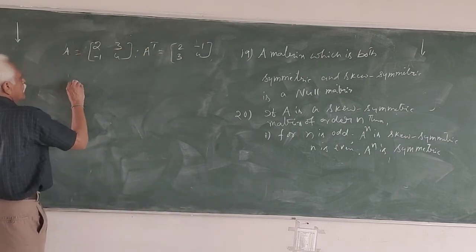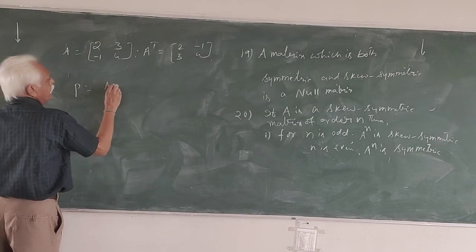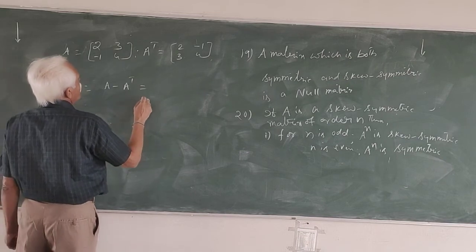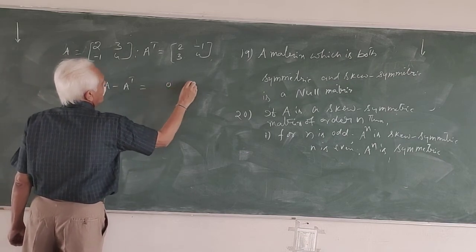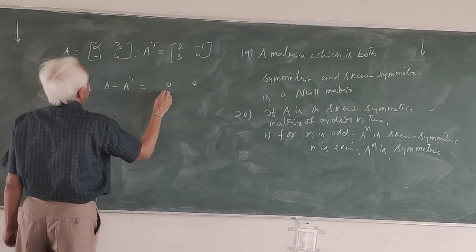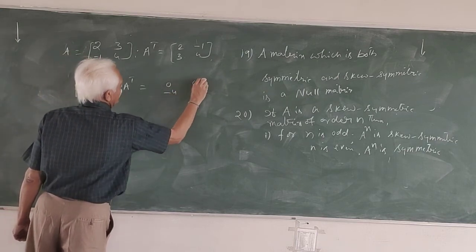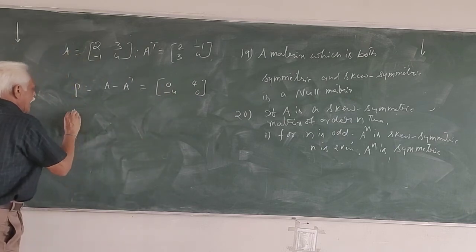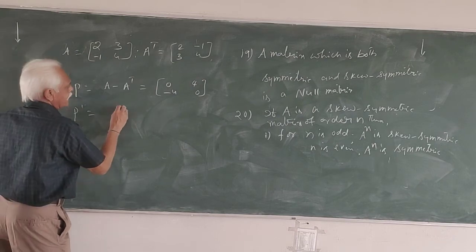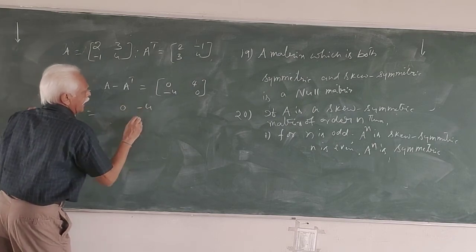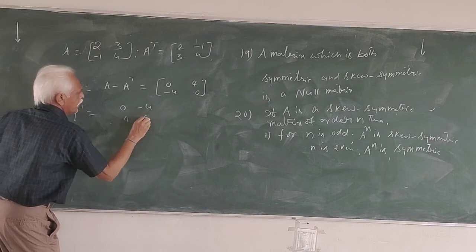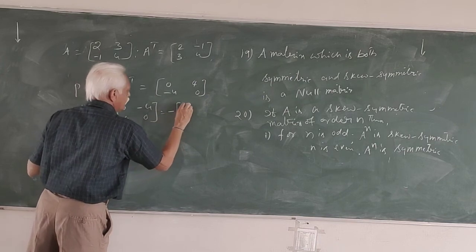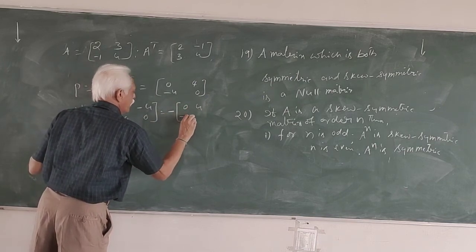Now P is equal to A minus A transpose, which is 0, 4, minus 4, 0. Now what is P dash? P dash is 0, minus 4, 4, 0, which is nothing but minus of 0, 4, minus 4, 0.